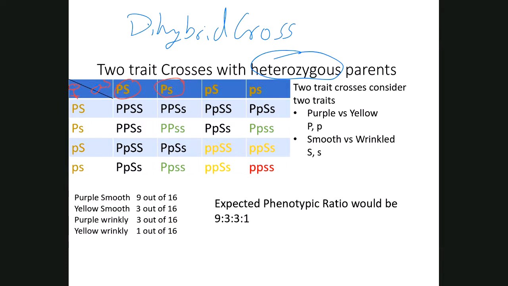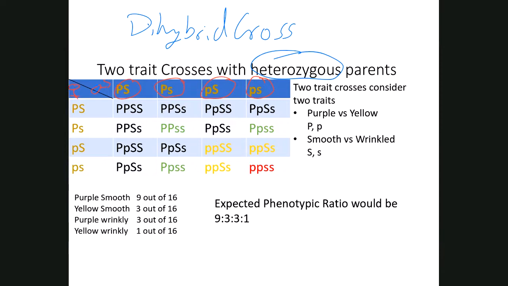One of them will have the recessive yellow condition but the dominant smooth condition. And some of them will have the recessive condition for both alleles, for both traits. Both parents are the same, so they end up with the same distribution of gametes.